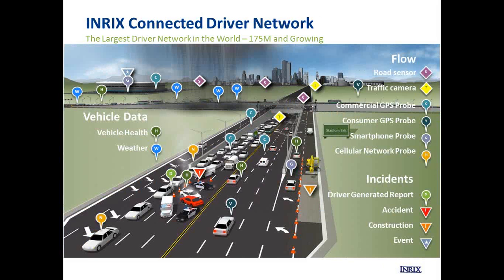Just one slide to talk about the diversity of the connected driver network. Now we have over 175 million vehicles contributing data to the Inrix platform. One of the key things is the vehicles are of all sizes and types and different operating characteristics, so it's a very representative information set that feeds the system.